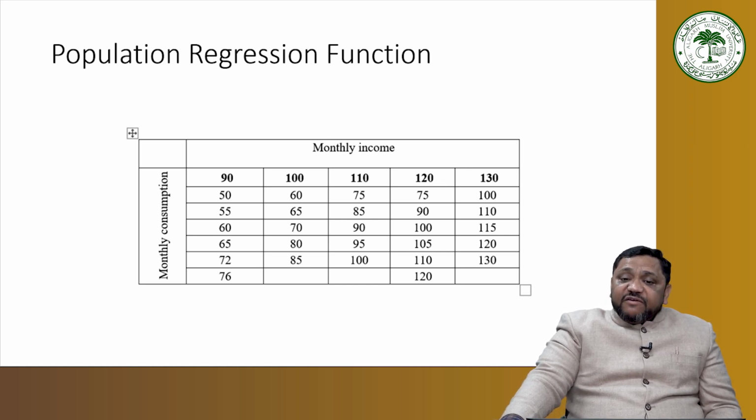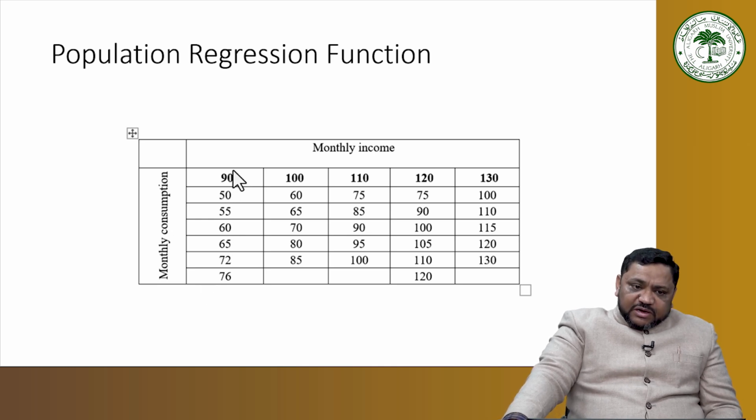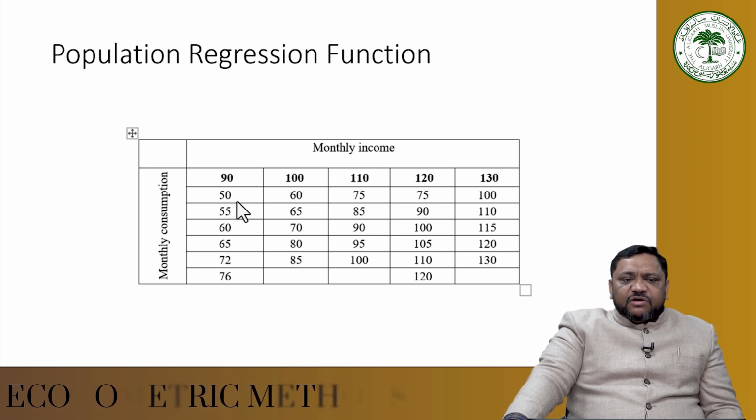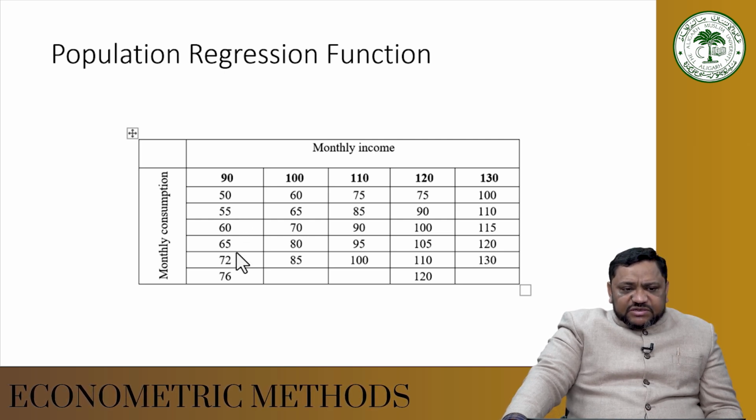So there are 5 fixed values of monthly income X, and each value of income has several corresponding values of consumption. Like the family having an income of 90: one has a consumption of 50, another 55, the next 60, then 65, 72 and 76.